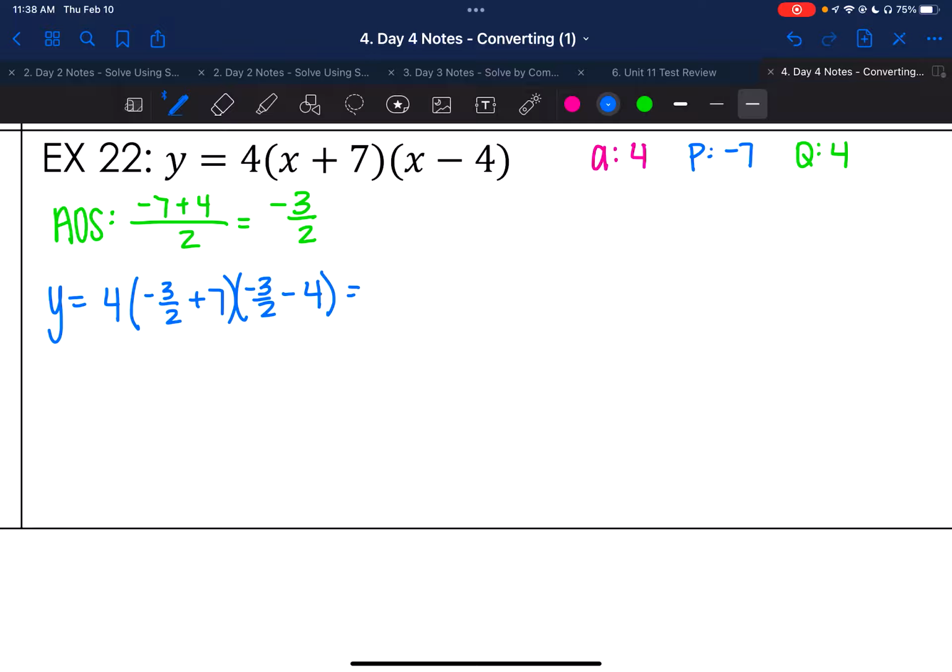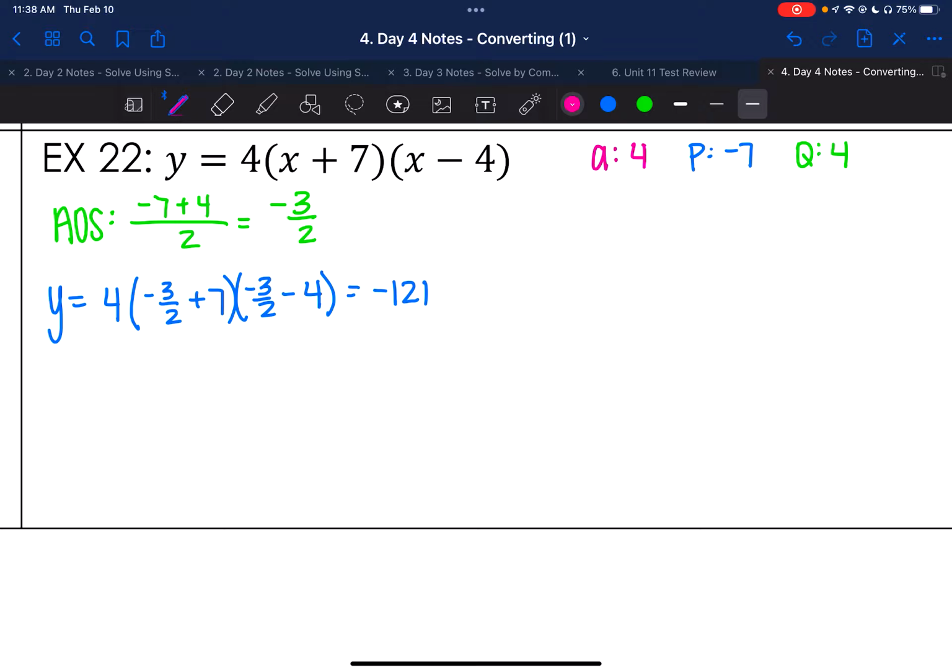Once you plug it in by hand on your paper, you want to plug that directly into your calculator. So 4 times negative 3 over 2 plus 7, and then times negative 3 over 2 minus 4. And that gives me negative 121.